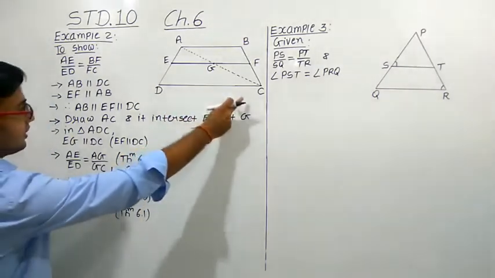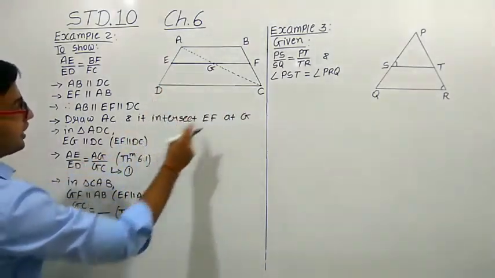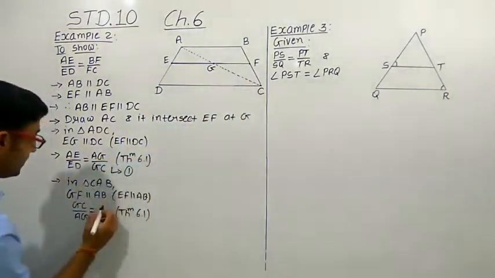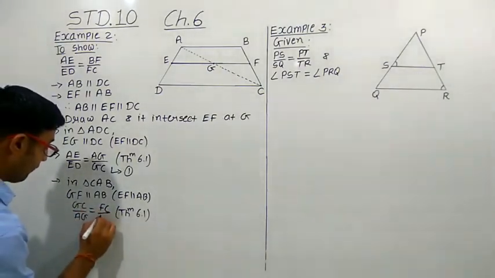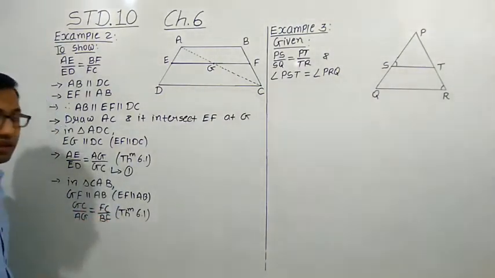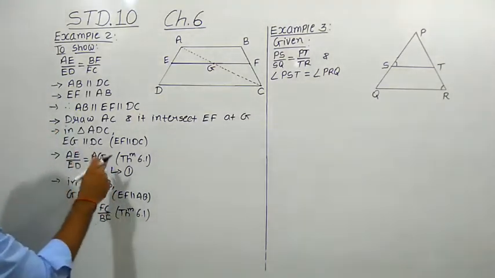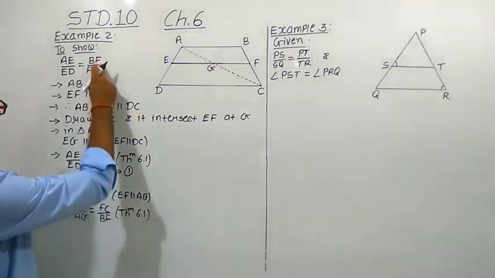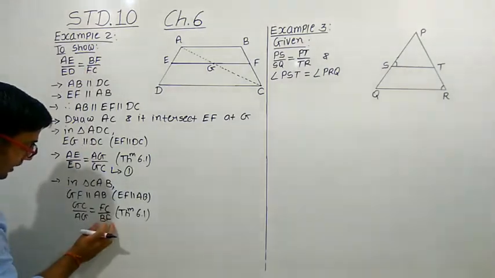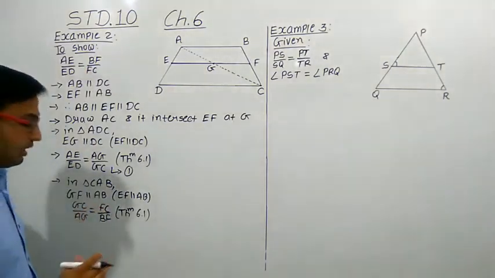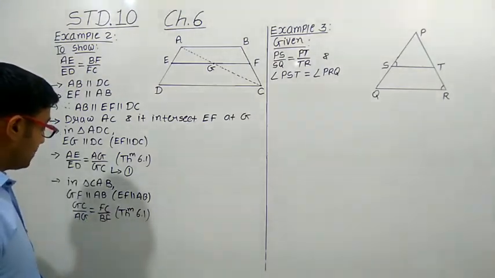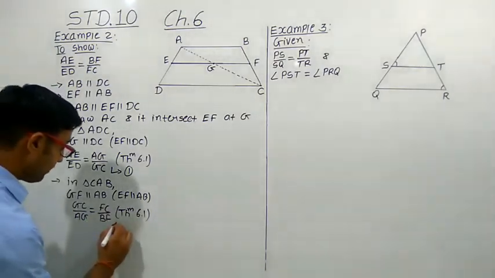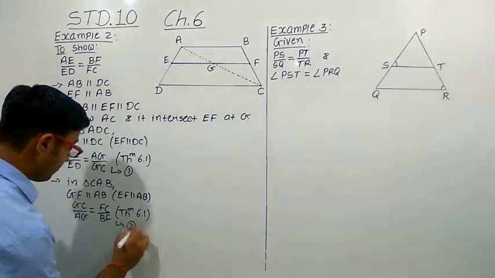Here we have written GC upon AG, so here we write FC upon BF. BF or FB, that doesn't matter. But as we have written it as BF upon FC, that is why we are taking BF and FC. But if we write CF and FB, it doesn't matter, right? Both are equal. So call it equation number 2.